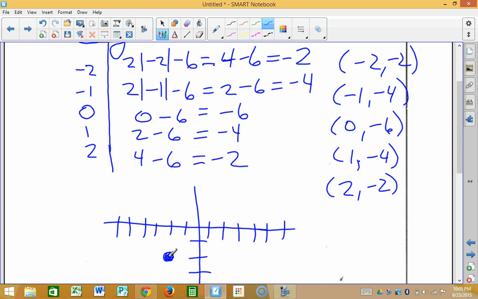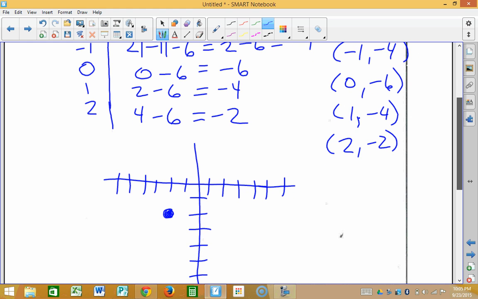Negative 1, negative 4. 0, negative 6. 1, negative 4, oops, put that at 4. And 2, negative 2.